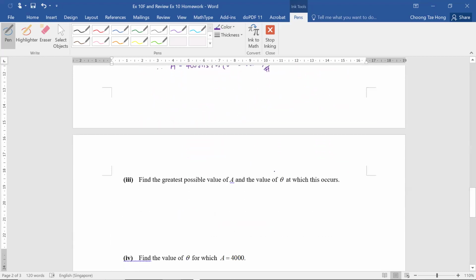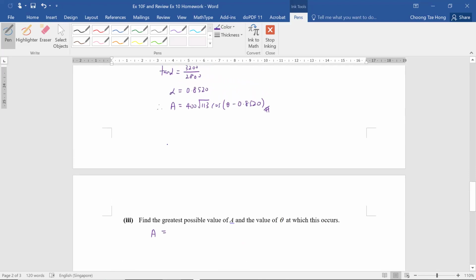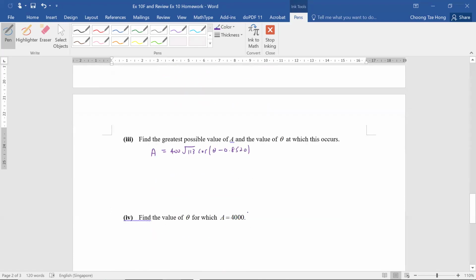Okay, let's go for part 3. Now that we have found A, A will be equal to 400 square root 113 cosine of theta minus 0.8520. So the greatest A will once again depend on this. The greatest or maximum value of cosine will be 1.